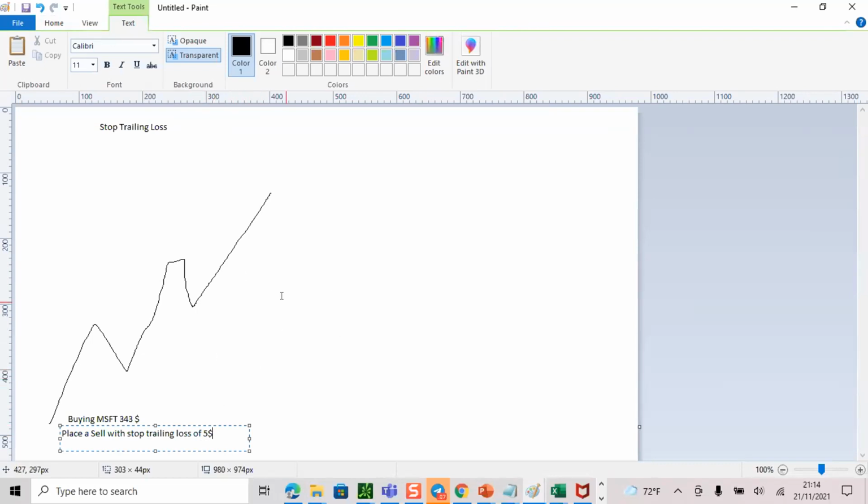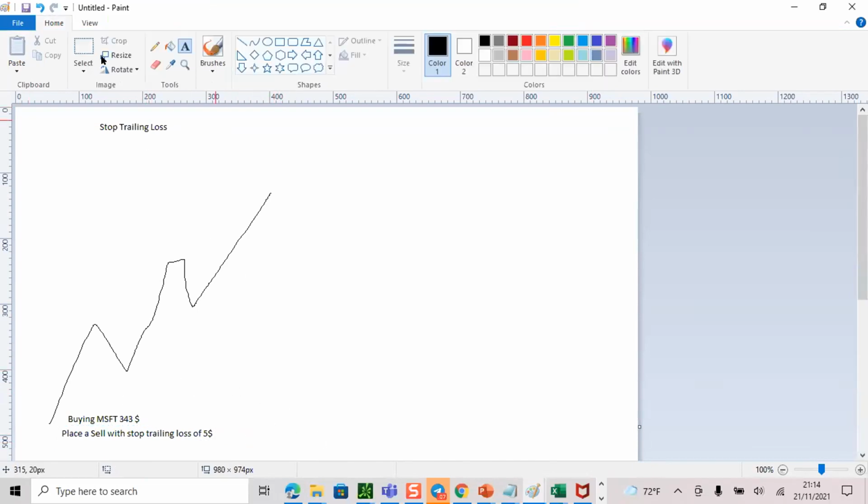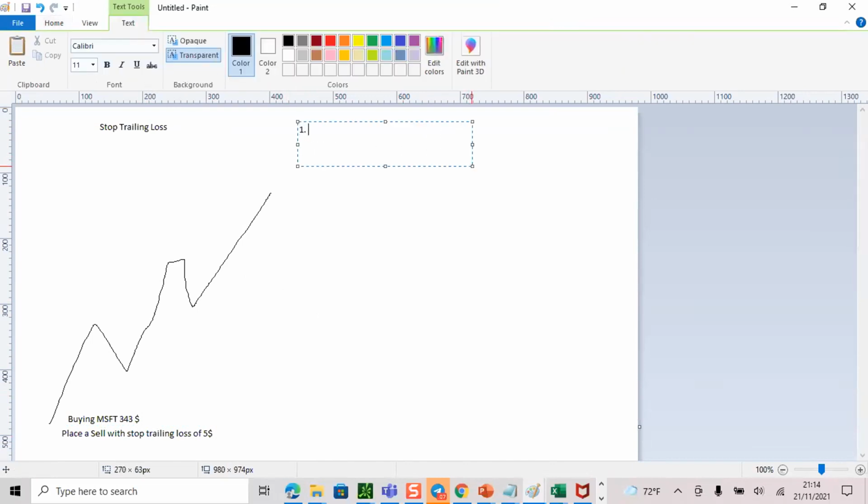Okay, right? So there are two scenarios. The moment you buy it, there are two scenarios. One is Microsoft drops by market open.